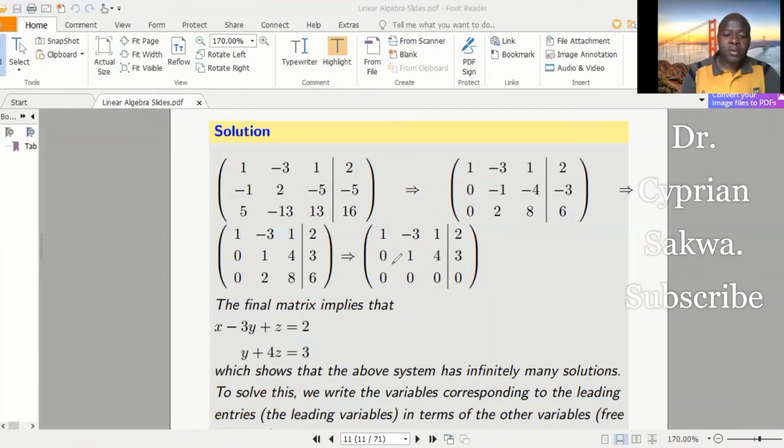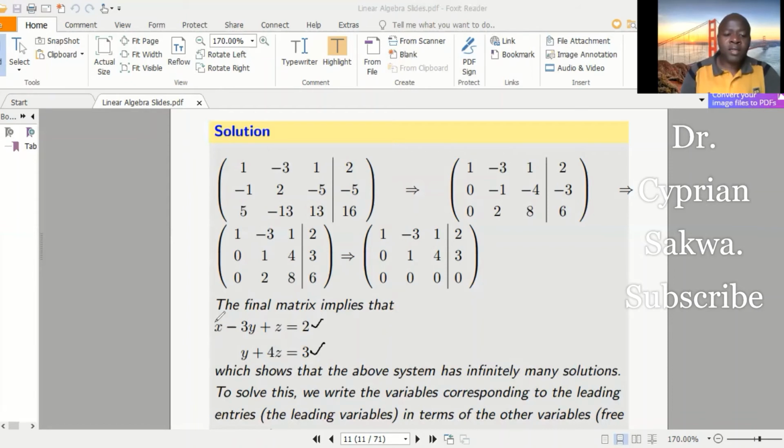Now, how do we solve this? First thing, we extract the equations. I can see here, I have x minus 3y plus z equals 2, and I have y plus 4z is 3.